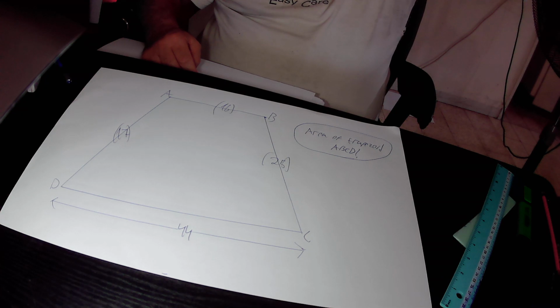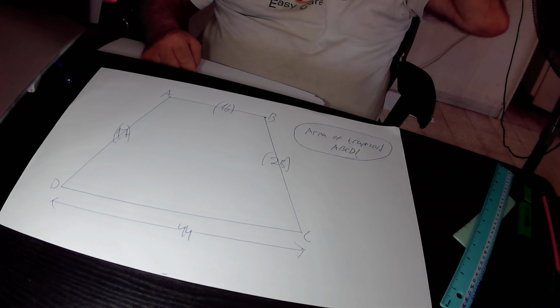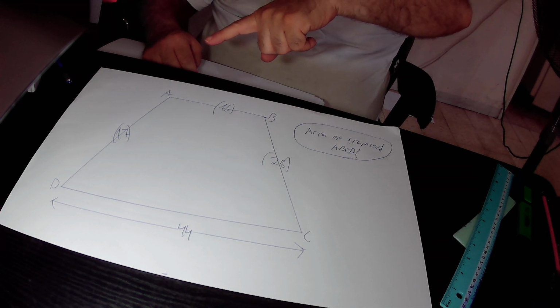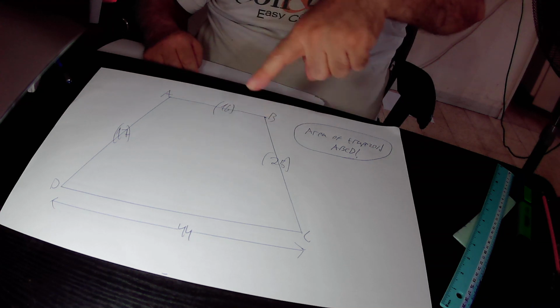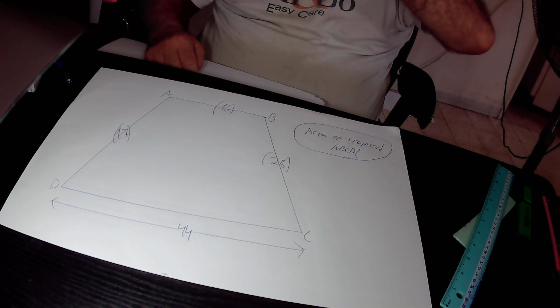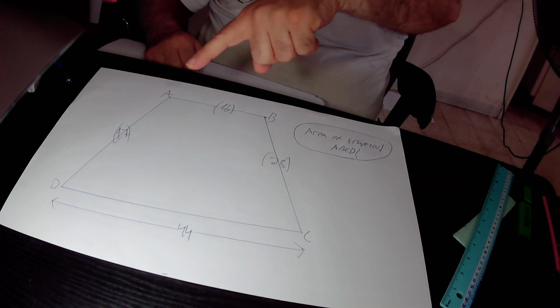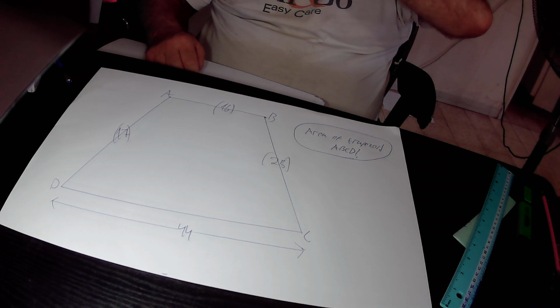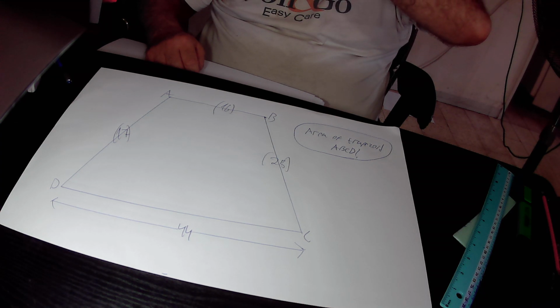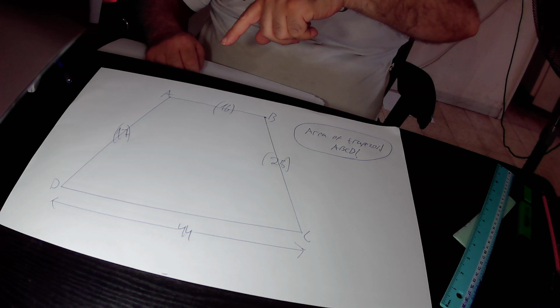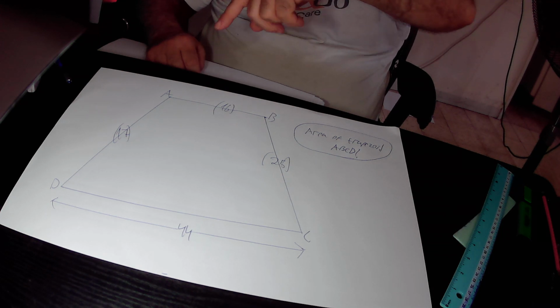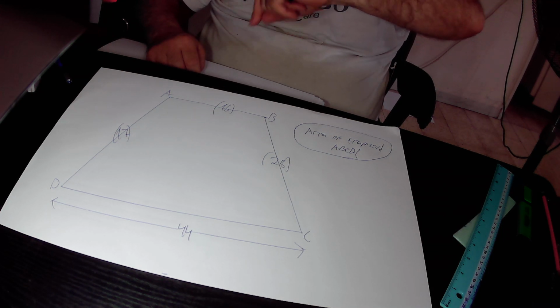The area of any trapezoid equals the sum of its two parallel bases, in this case AB plus DC, because AB is parallel to DC, times the height, h, divided by 2. The height h must create 90 degrees with the two bases.